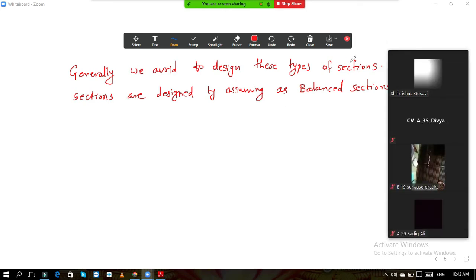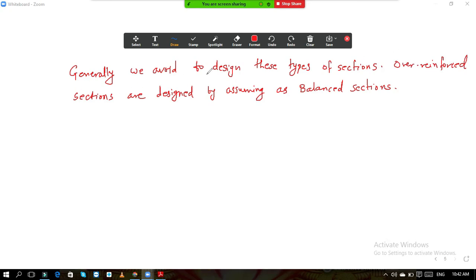Okay. So here you can see that generally we avoid designing the over reinforced sections, and over reinforced sections are designed by assuming them as a balanced section. If you see, 99 out of 100 times we will not design over reinforced sections.